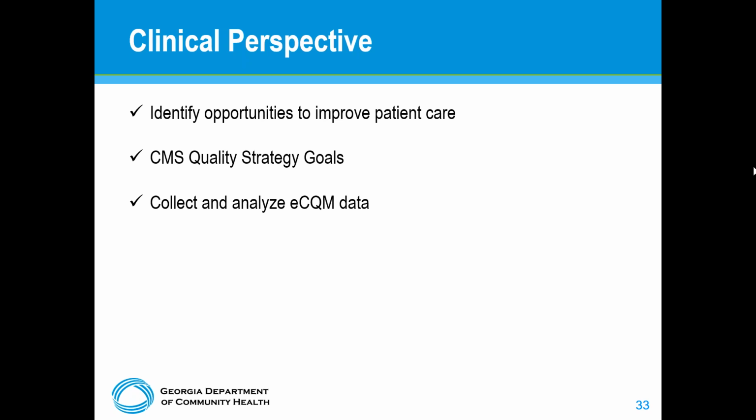And then finally, I'll just talk about how data collection and analysis really do lie at the heart of quality improvement. And we believe very strongly in providing you the tools to see where you are.